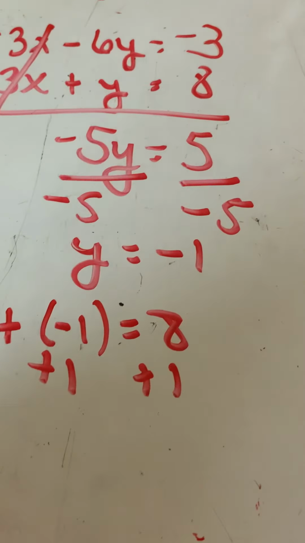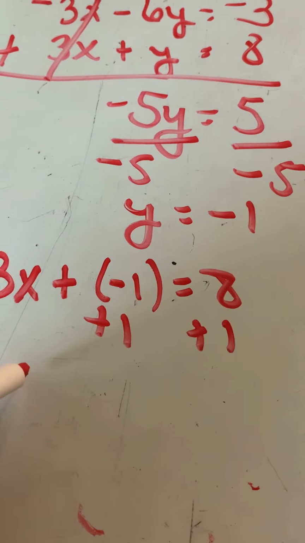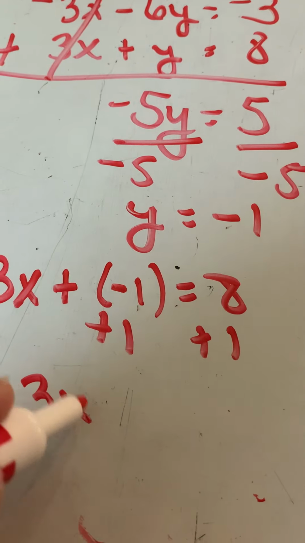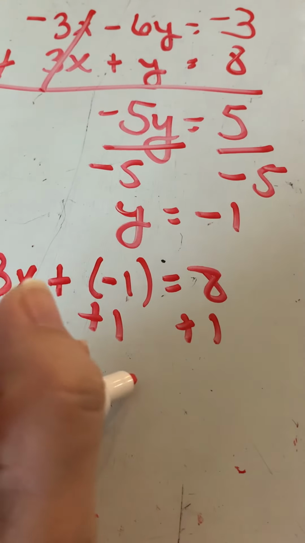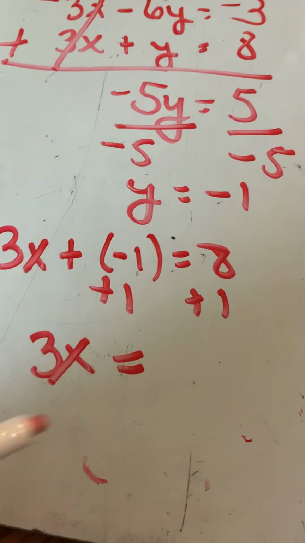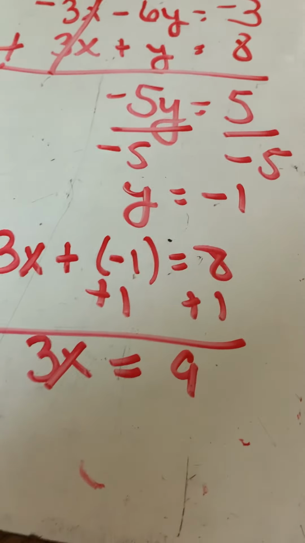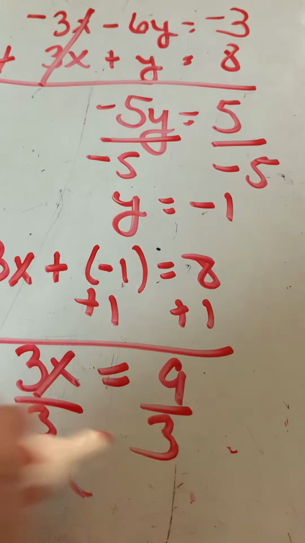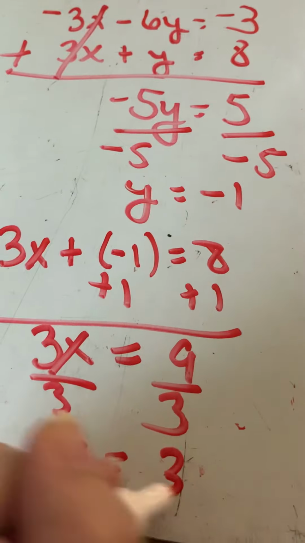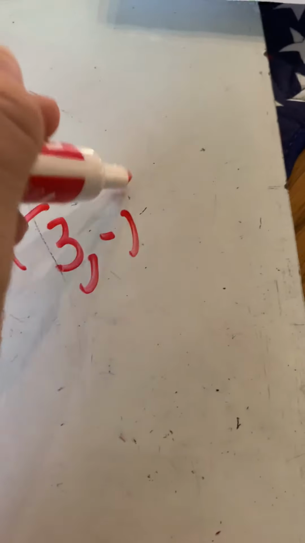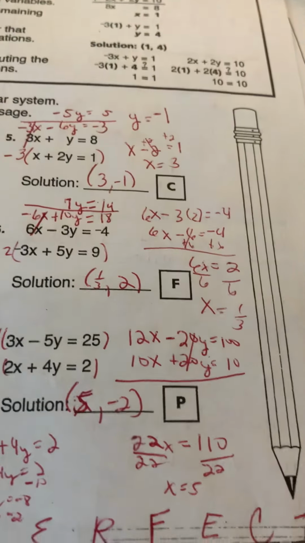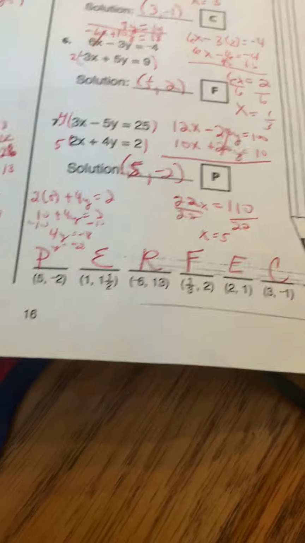So now I have 3x equals 9. So divide both sides by 3, and x equals 3. So your solution is 3, -1, which is what we had there. And you can find it down here.